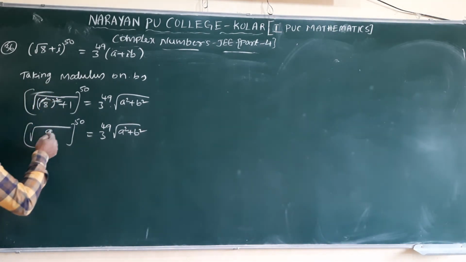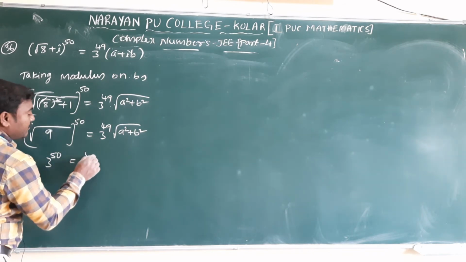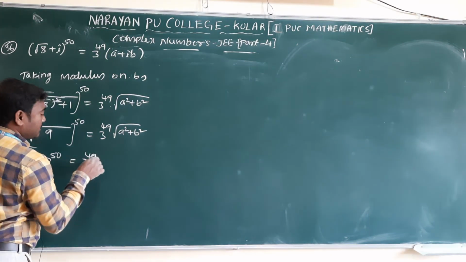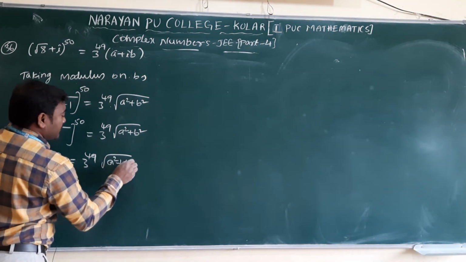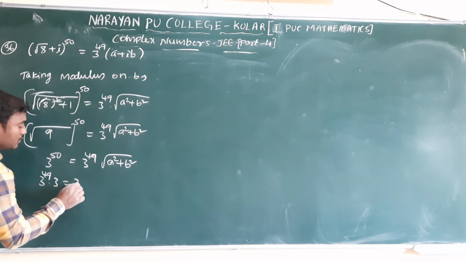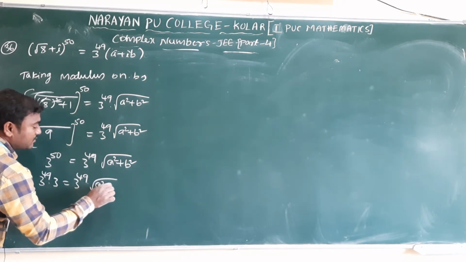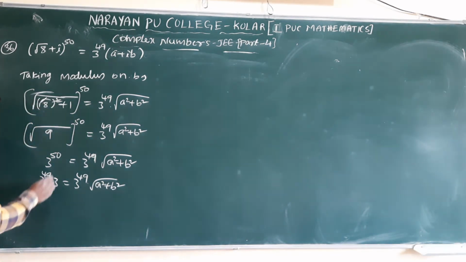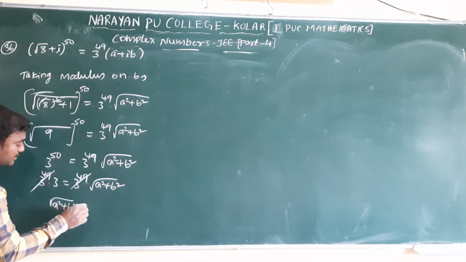So here, square root of 9 into 3 power 50 is equal to 3 power 49 into the square root of a square plus b square. So 3 power 49 into 3 is equal to 3 power 49 into the square root of a square plus b square. 3 power 49 gets cancelled, remaining square root of a square plus b square is equal to 3.